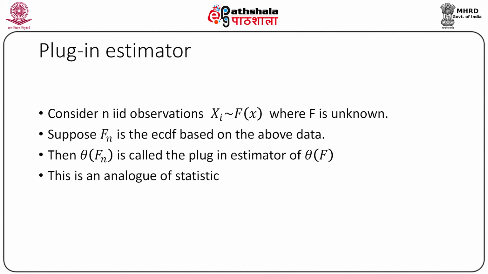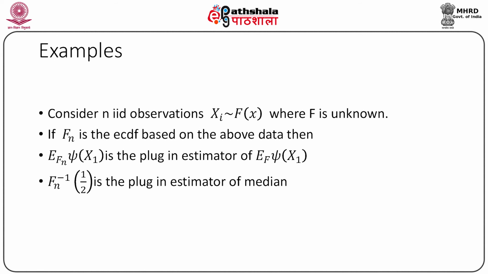Thus, you can recall that Fn(x) is nothing but the proportion of observations less than or equal to small x, where small x is a known quantity. So, if theta f is the functional of interest, then theta Fn is the plug-in estimator corresponding to the functional theta f. That is, Fn is plugged into the place of f in the expression of theta f.